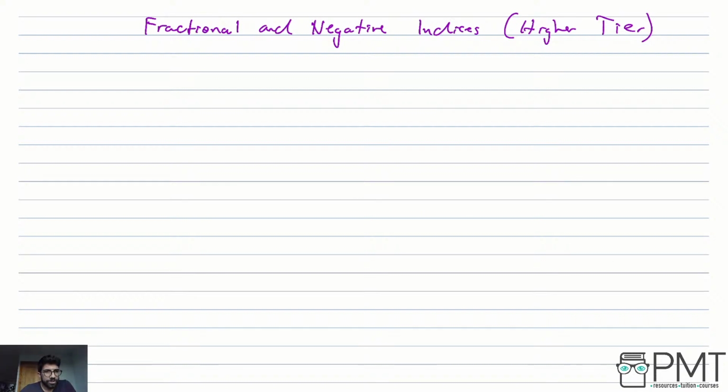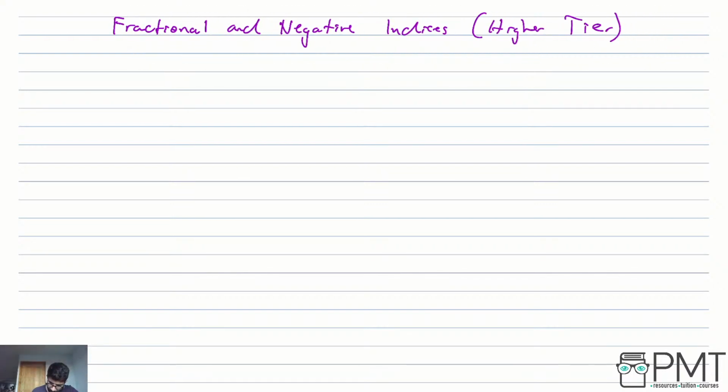So the questions. We are gonna see how negative indices and fractional indices work. So if you have done these, who can tell me how these work? So who can tell me what x to the minus 1 is?